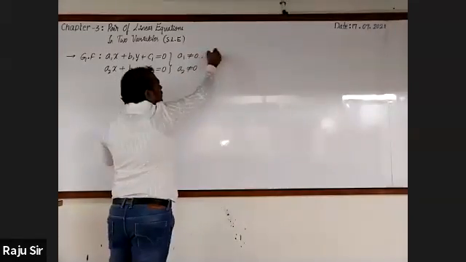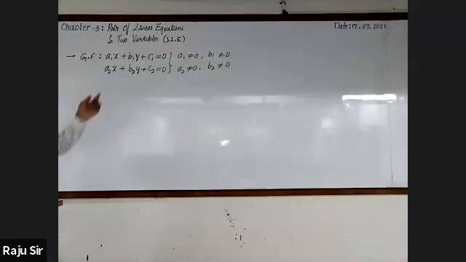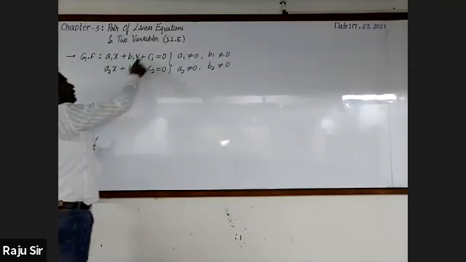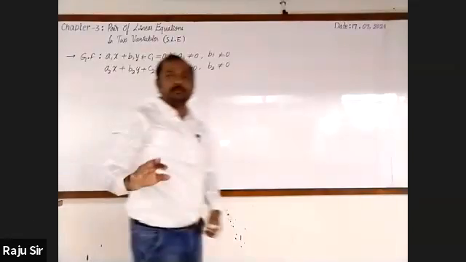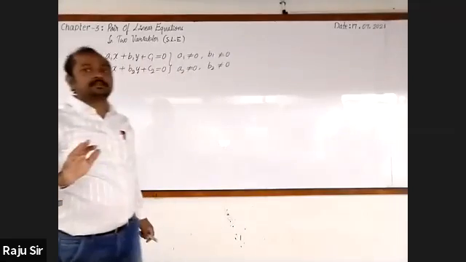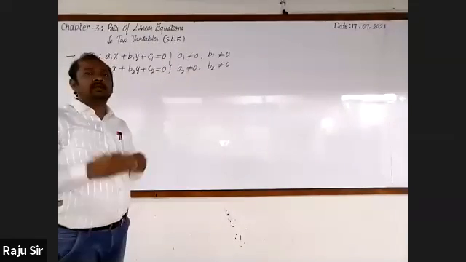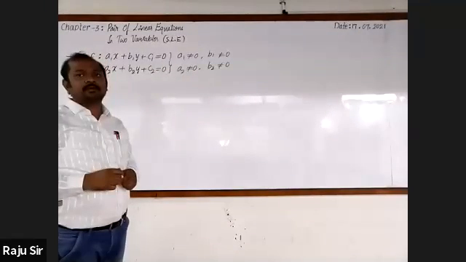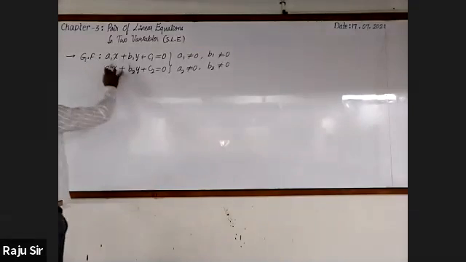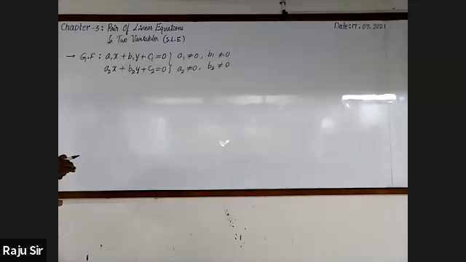Similarly, even b1 and b2 should not be equal to 0. And a1, a2, b1, b2, c1, c2 are coefficients called constants, and these constants may be any real number, whereas x and y are variables.